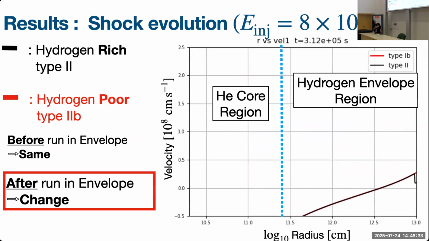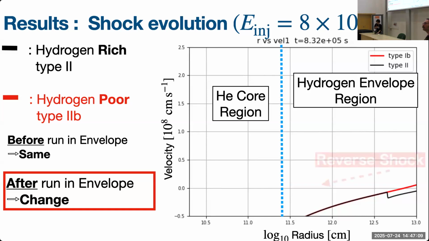Yes, in this case, the injection energy is 8 times 10 to 50 erg. So the helium core already falls, and this reverse shock contains the helium core in this injection energy. And what was your helium core mass? It was like a 6 solar mass helium core.